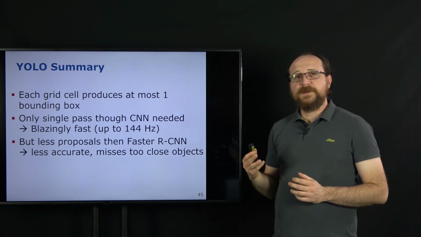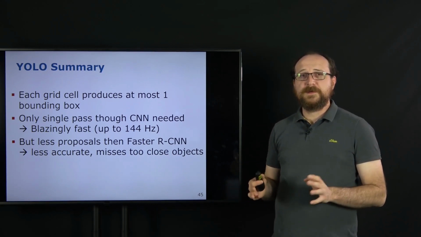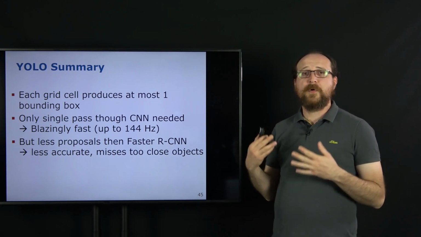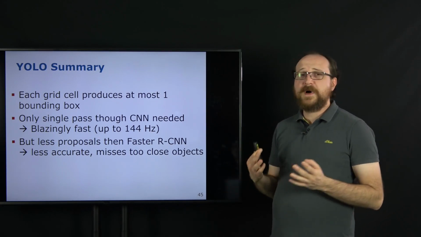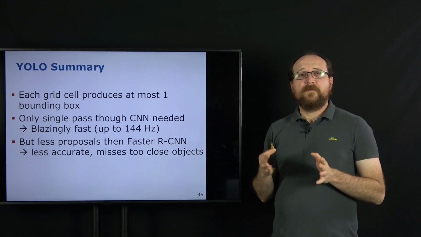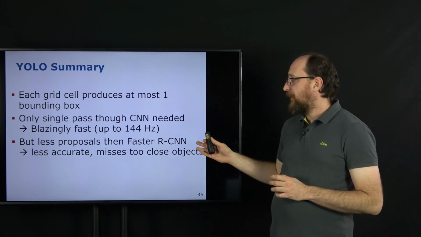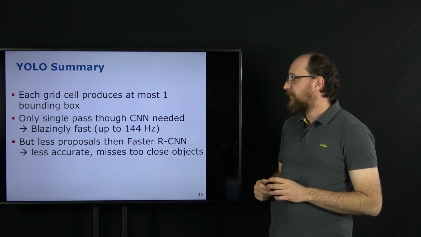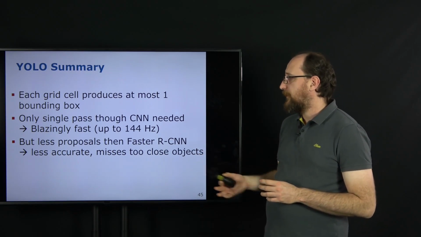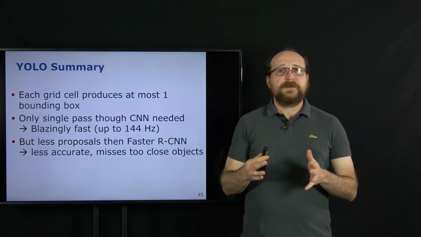But the disadvantage is that we only have one outcome per cell, so we might miss objects that are very close together. So in comparison to the Faster R-CNN approach, this approach is less accurate, but also misses objects that are close together.